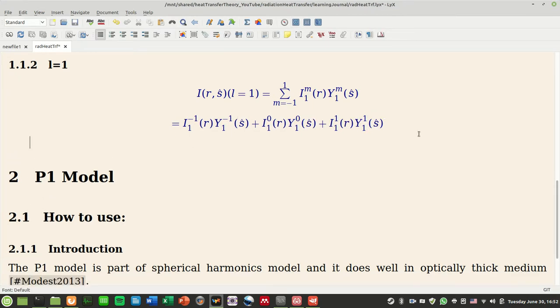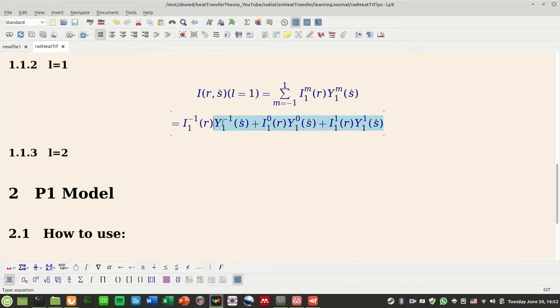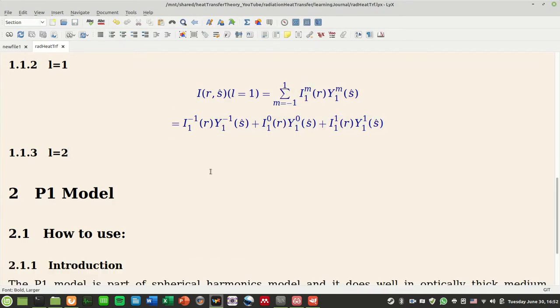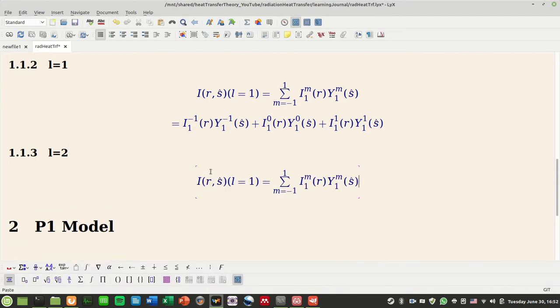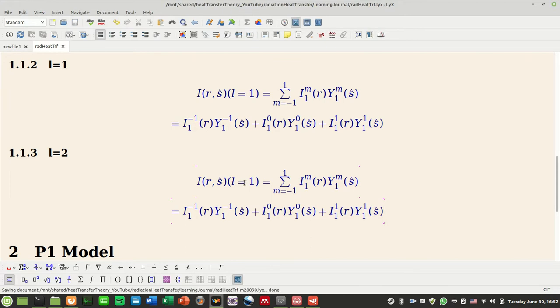Hopefully you're seeing some sort of pattern here. But let's keep going. Now we have L equals 2, so I will copy and paste this here. You can see as we go to the higher order terms, it gets more and more complicated, and the number of terms in the summation gets longer and longer, growing very fast.